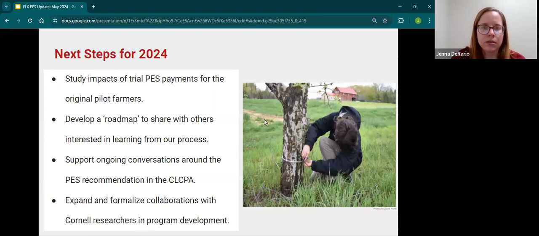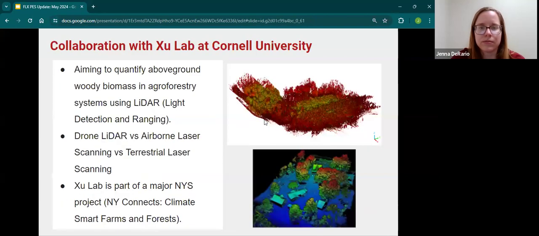But one really exciting opportunity that we're looking to do is working specifically with a lab to quantify above ground woody biomass, or any parts of the tree, like the tree trunk, the tree branches, foliage, that can then be calculated to estimate actual carbon stocks in the trees on the farms that we're working with.